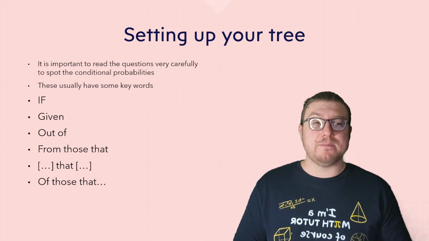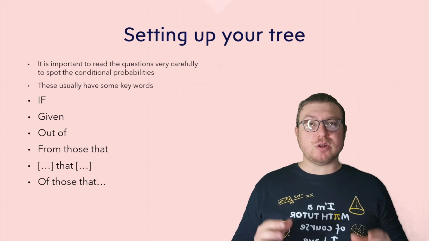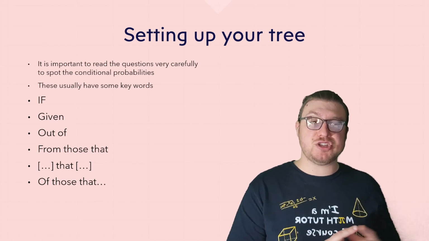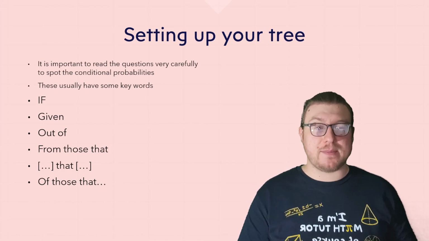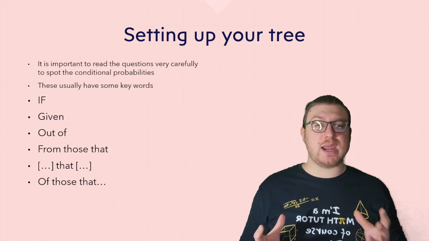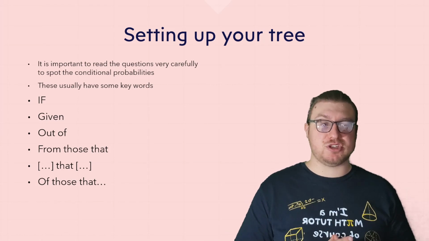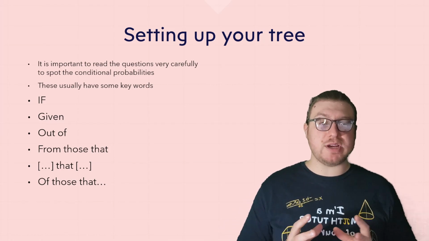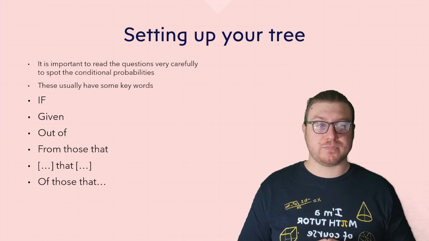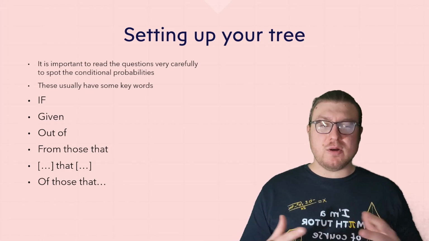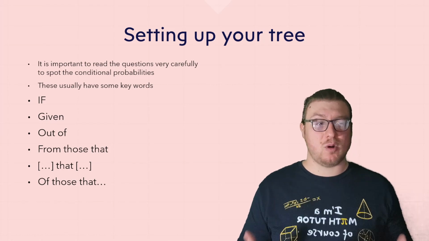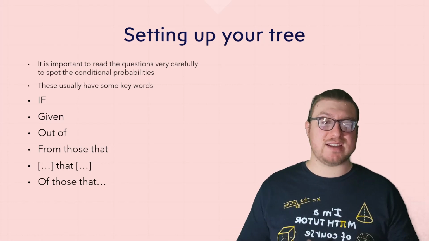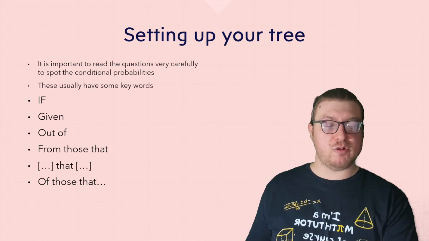Out of the students that have finished their exam, what is the probability they used a black pen? We're only looking at people that have already finished their exam. This is restricting where we're up to. A very similar one is "from those", "of those", or "people that have finished the exam". You have to be very careful with the wording.